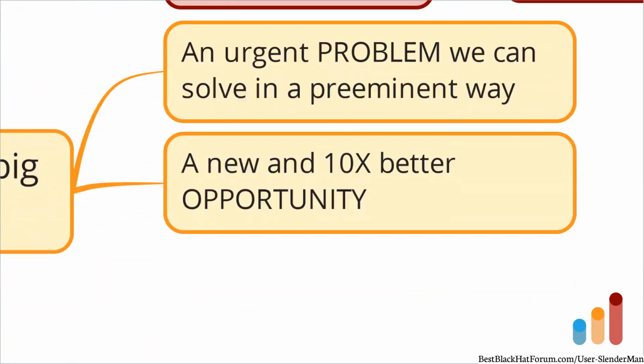Or we're looking for a new and 10x better opportunity that we can introduce our prospects and our market to. We're looking for an opportunity that we can put in front of them that represents a different path than they are on now, that will open up a brand new world to them.